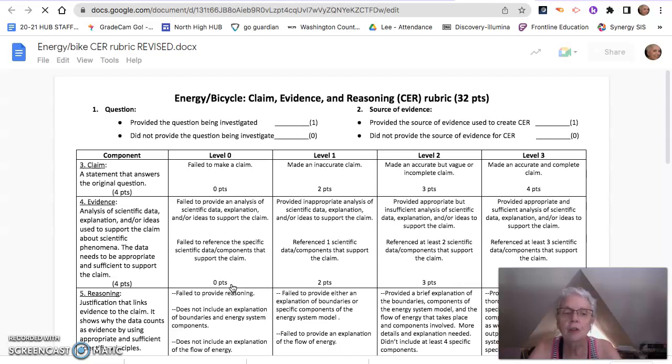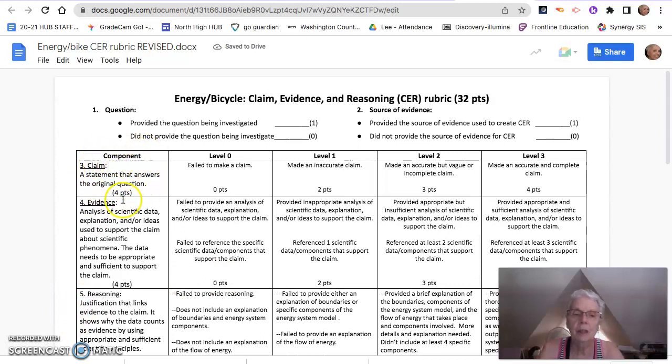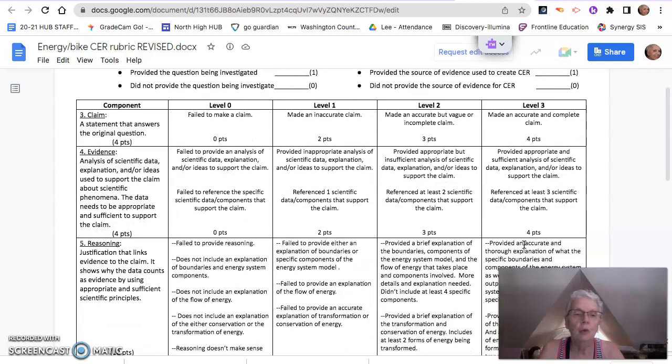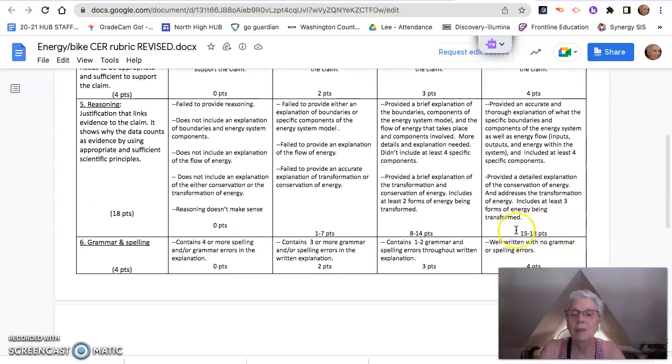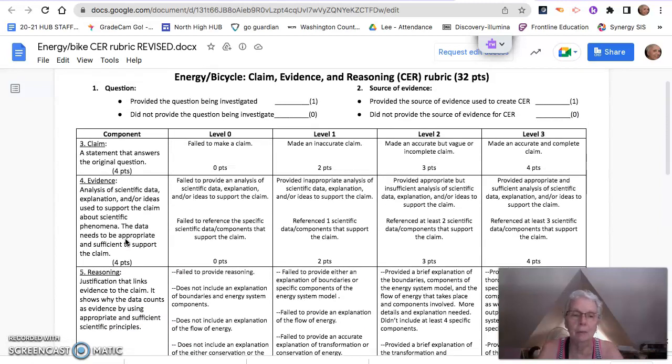Notice it's worth 32 points. You get 4 of those 32 points from the claim. You get another 4 points from your evidence. You get between 15 and 18 points for your reasoning, and you could get another 4 points for grammar and spelling.